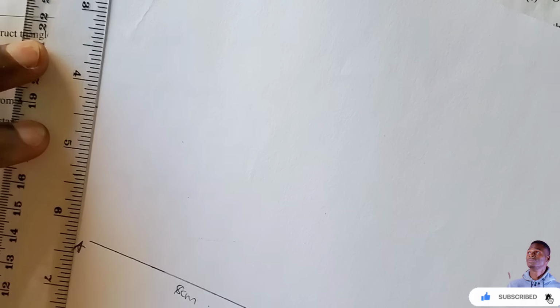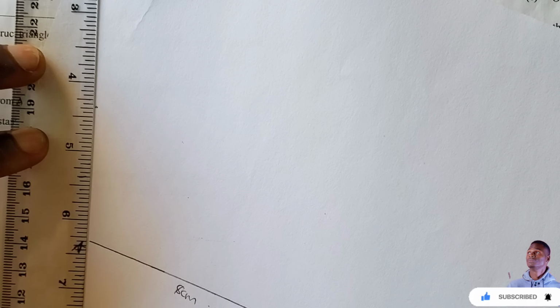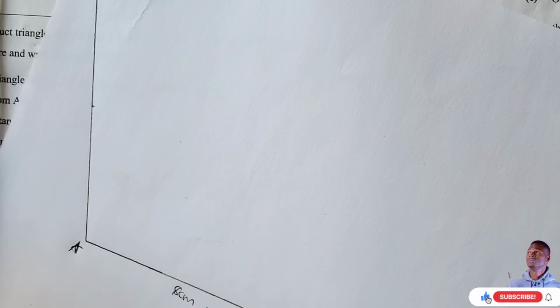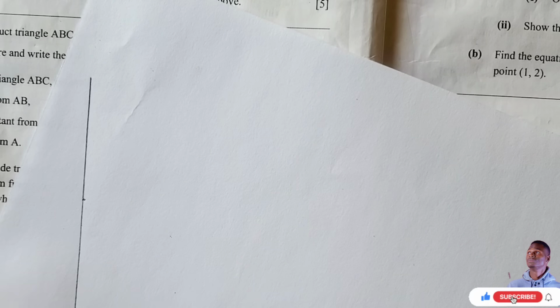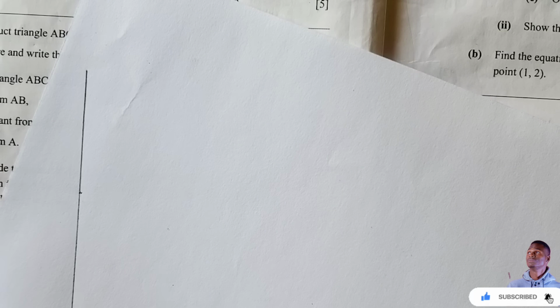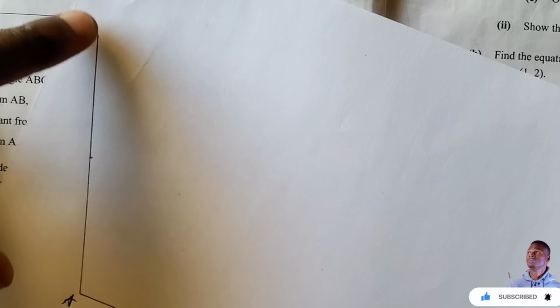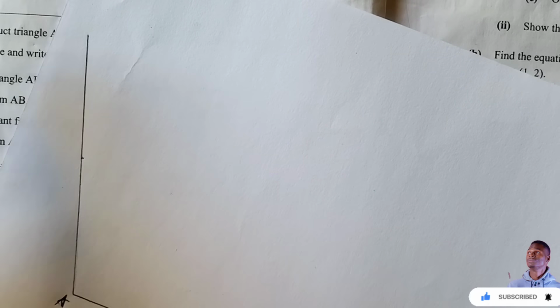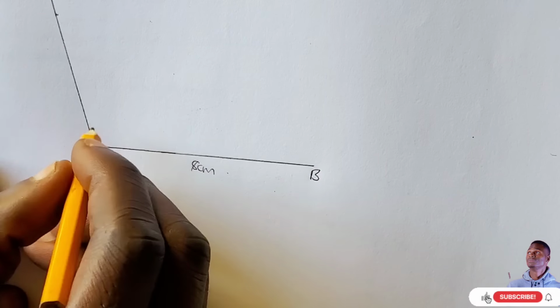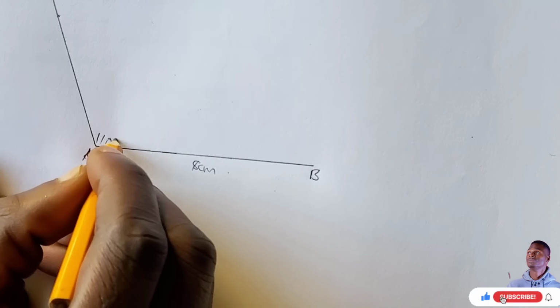It means that the line you're going to draw should pass through that point. Where should you end? We don't know yet, because this line can be extended depending on the conditions given in the question. Don't forget to indicate that this is 110.